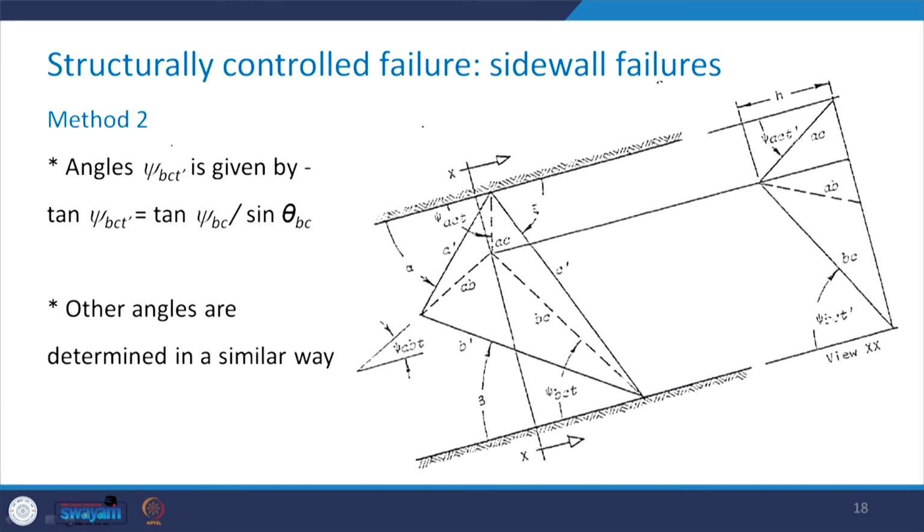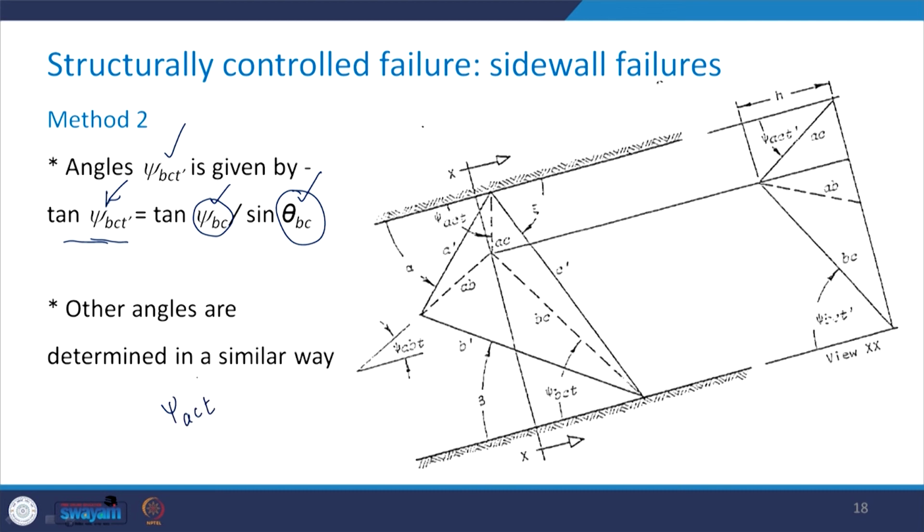Now this angle psi BCT prime is given by tan of psi BCT prime equal to tan of psi BC divided by sine of theta BC. We know psi BC, which we have already obtained, and we know theta BC also. So we can determine psi BCT prime, and similarly we can get psi ACT prime.